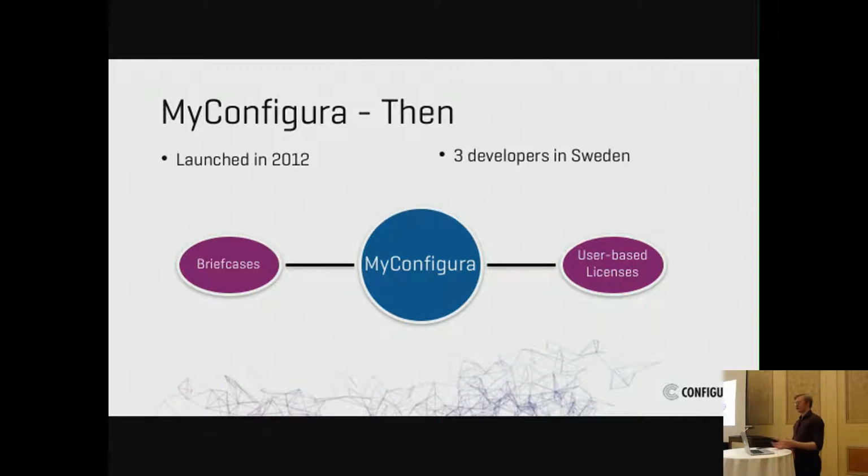We wanted to create a place for our users where they could collaborate, share files, and also use as internal communication tools. And there started to pop up some ideas how to connect the software with the web. One of the other things we started with was user-based licenses. These were the main things in MyConfigura's first release, which came in 2012.